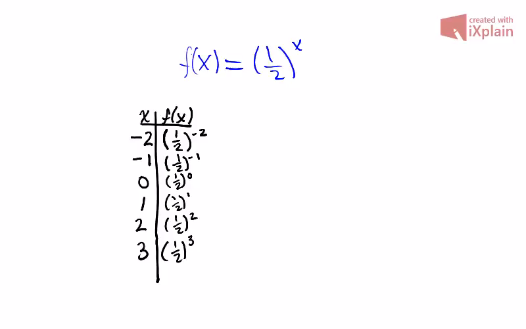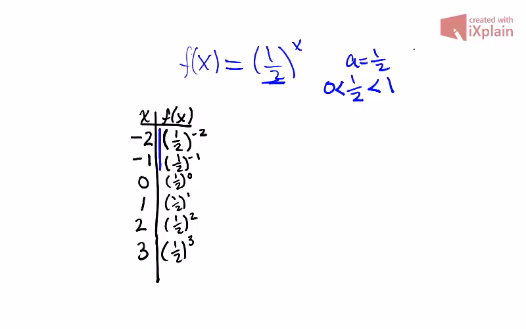Now, what is so interesting about all of the negative versions, given that our base, which we know a equals 1/2, is less than 1 but also greater than 0.